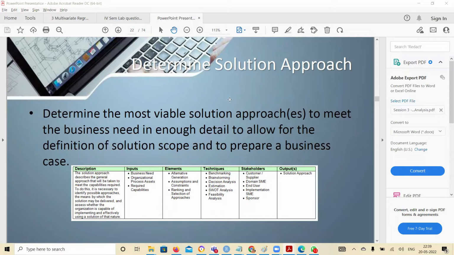The first thing is that your solution will help your business grow, isn't it? Then it should be in line with your stakeholders. So what do you need? We need the business need, which is from step 1, and organizational process assets, OPA as we call it in short.